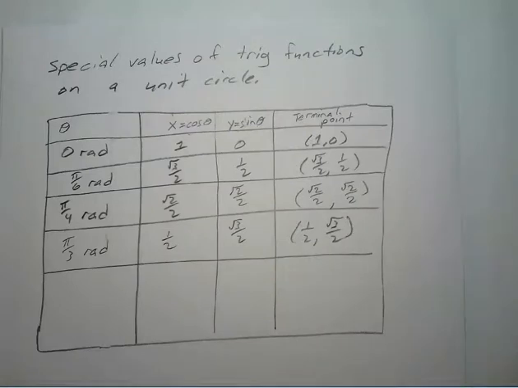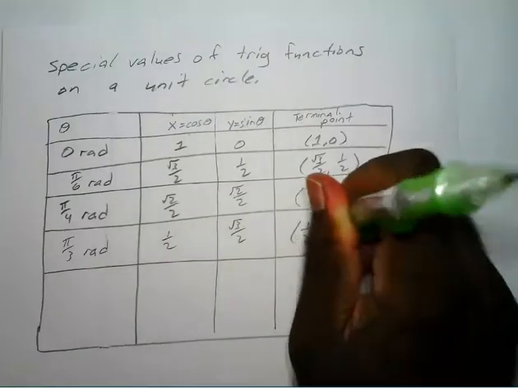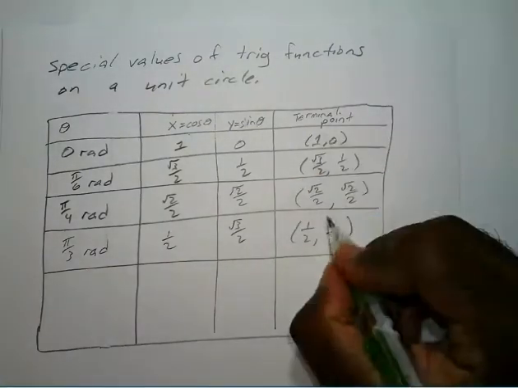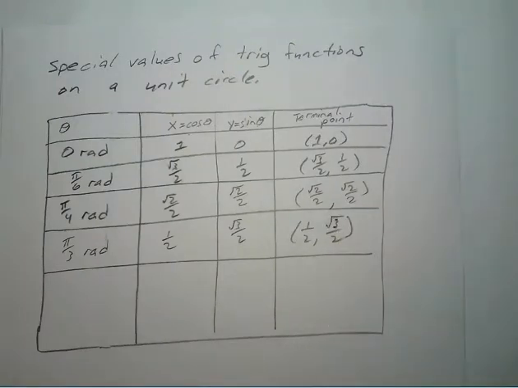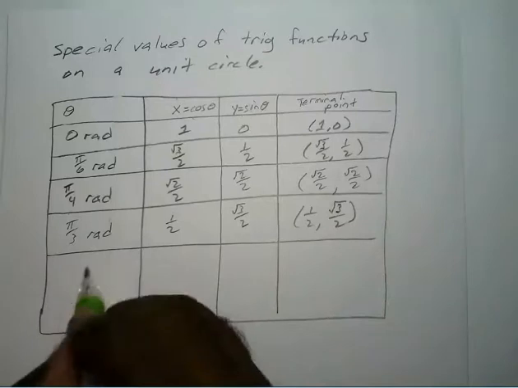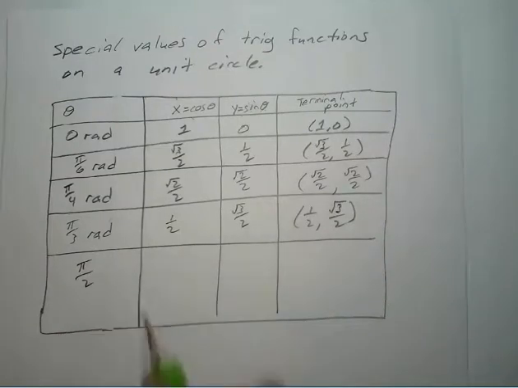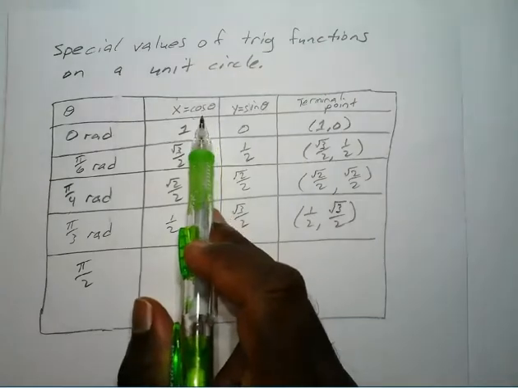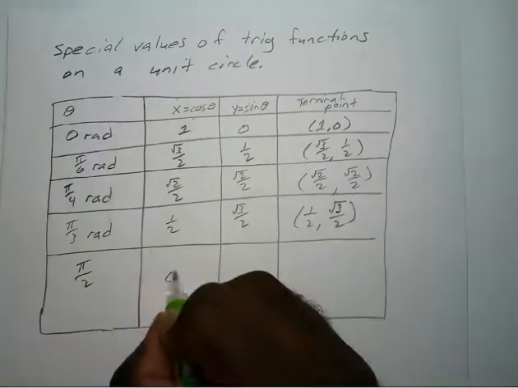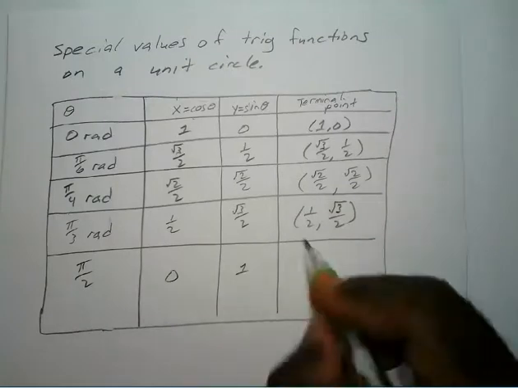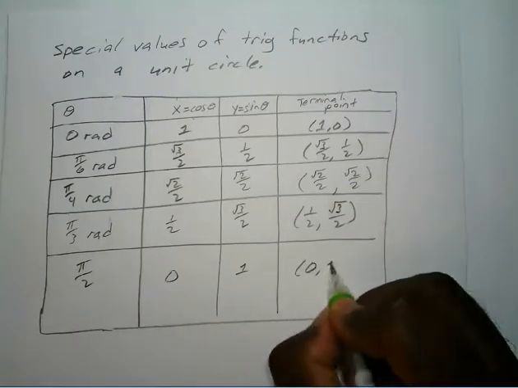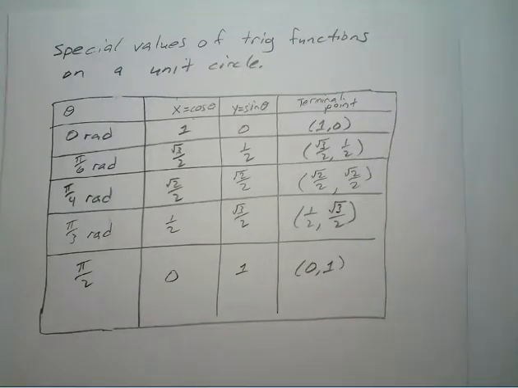Let me clean up that 3 a little bit. There we go. And last but not least, pi over 2 radians. Cosine of pi over 2 is 0, sine of pi over 2 is 1, which leaves you 0, 1.